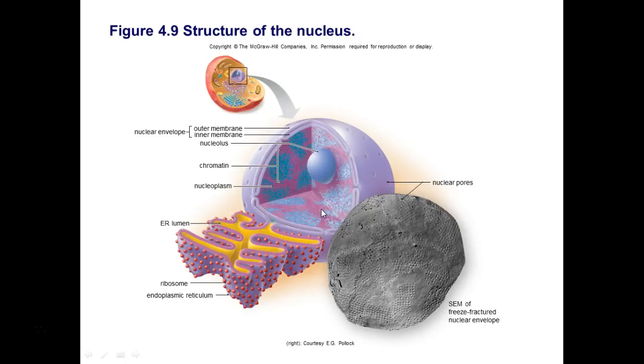Nucleoplasm is like cytoplasm, but instead it's in the nucleus. And here you see the chromatin. Chromatin here is very diffuse. Attached to this outer membrane of the nucleus, you can see something called the endoplasmic reticulum, and we'll be getting to that in a moment.